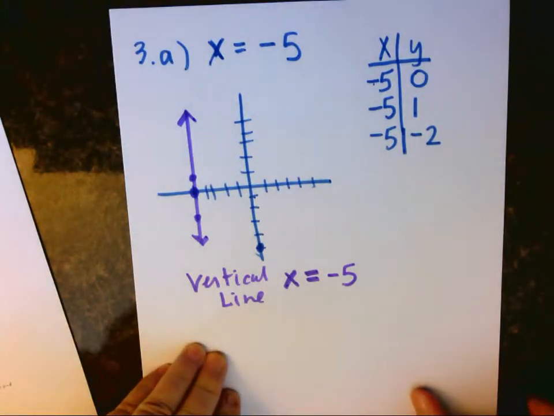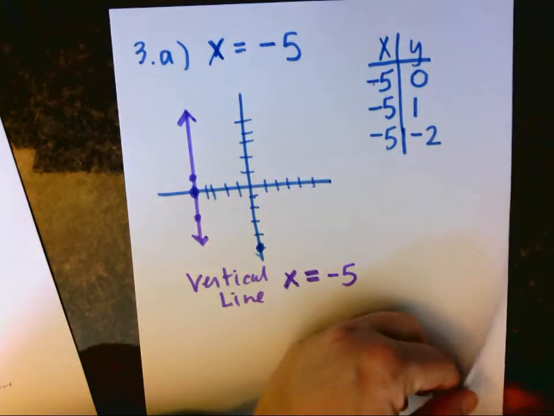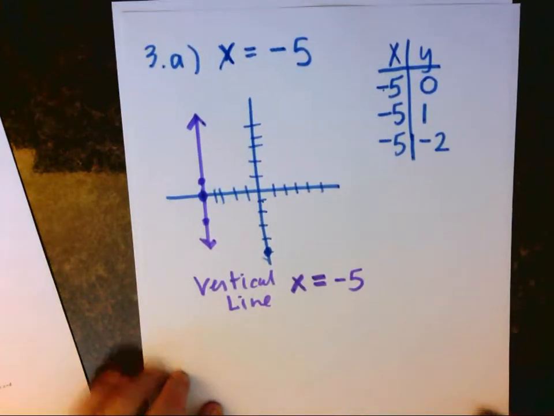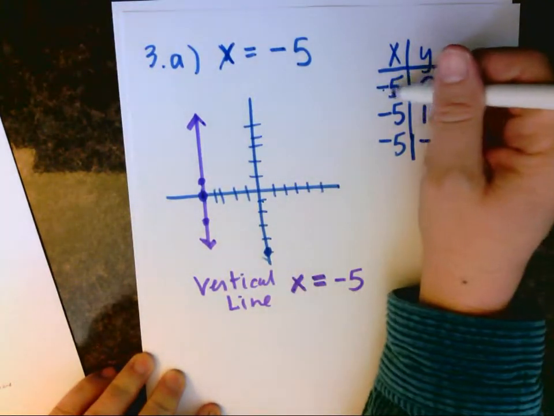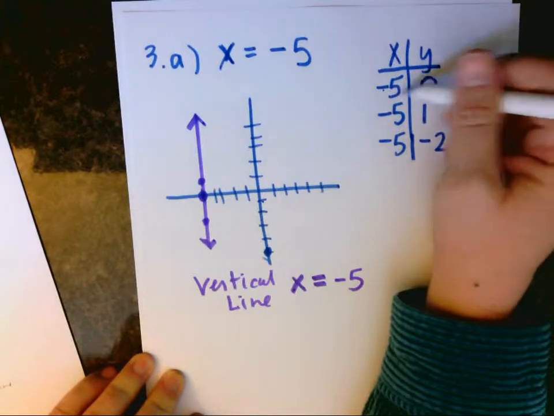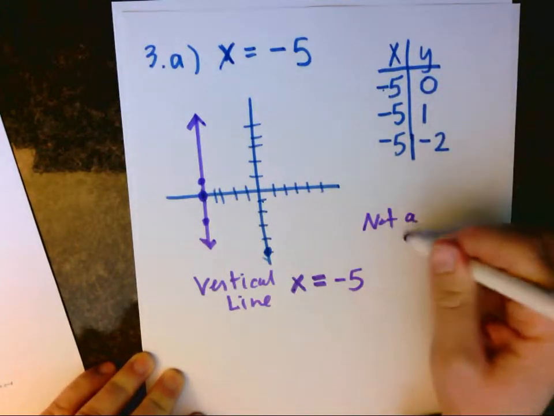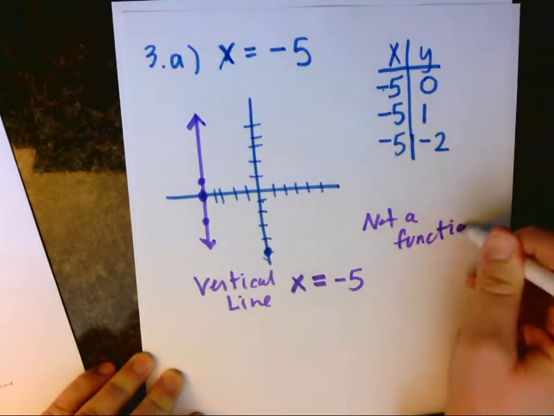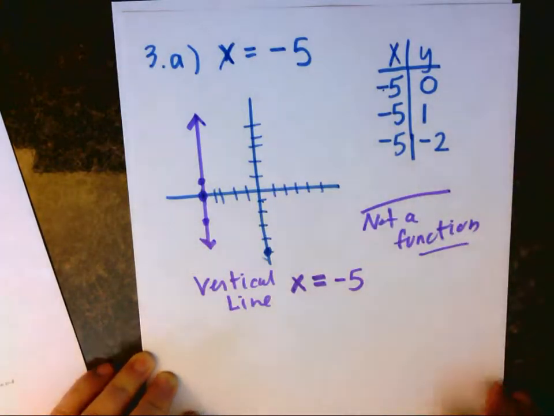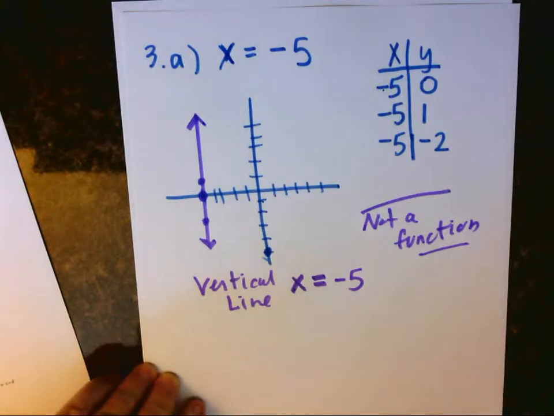Okay? That's a special case. And this is not a function because for each x, for -5, you can see that we have more than one y. So this is not a function. Almost all the lines that we work with will be, but the vertical one is not.